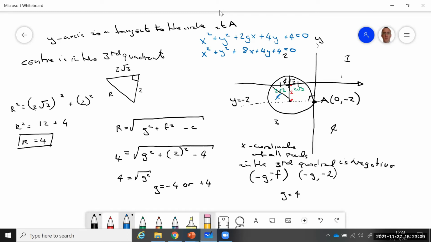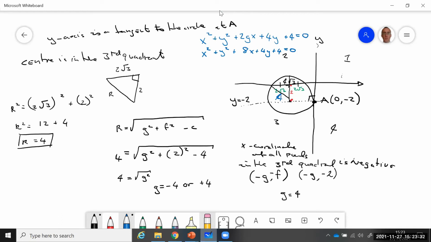That's quite common. That was my first port of call when I did this originally, and I quickly knew two sides of the triangle. Hence, I was able to work out the hypotenuse of the triangle, which is 4, and I was able to go from there.